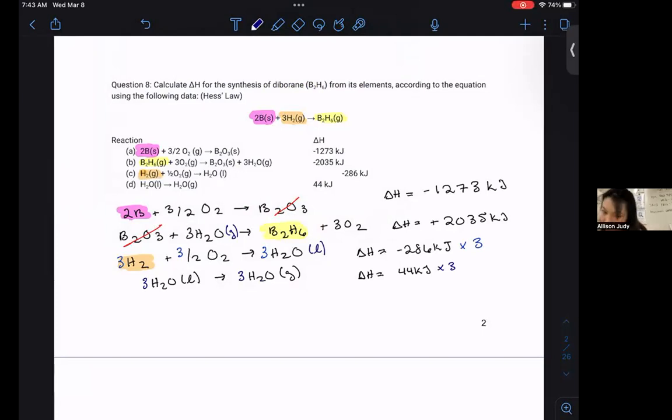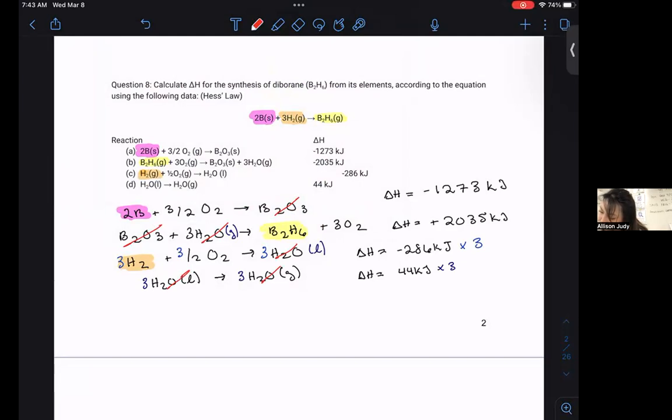is that my H2O gas cancels out because it's found on the reactant in one equation and found on the product in the other. And my 3 H2O liquids cancel out.